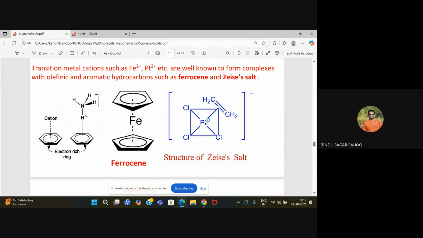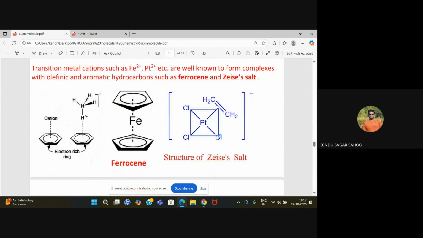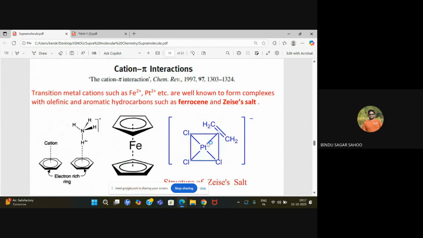In Zeise's salt also, popularly in organometallic chemistry, the platinum's positive charge can make an interaction with the pi electron cloud of the alkene complex. These types of interactions are called cation pi interactions.